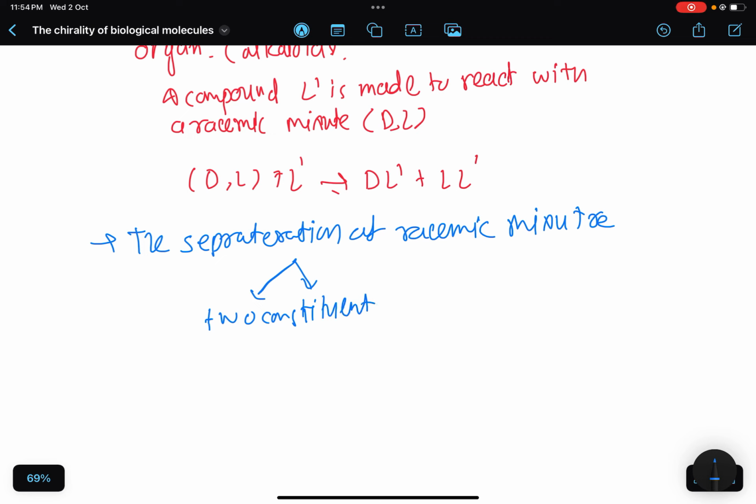It is necessary to use an asymmetric substance or living organism capable of discriminating between the L and D forms.